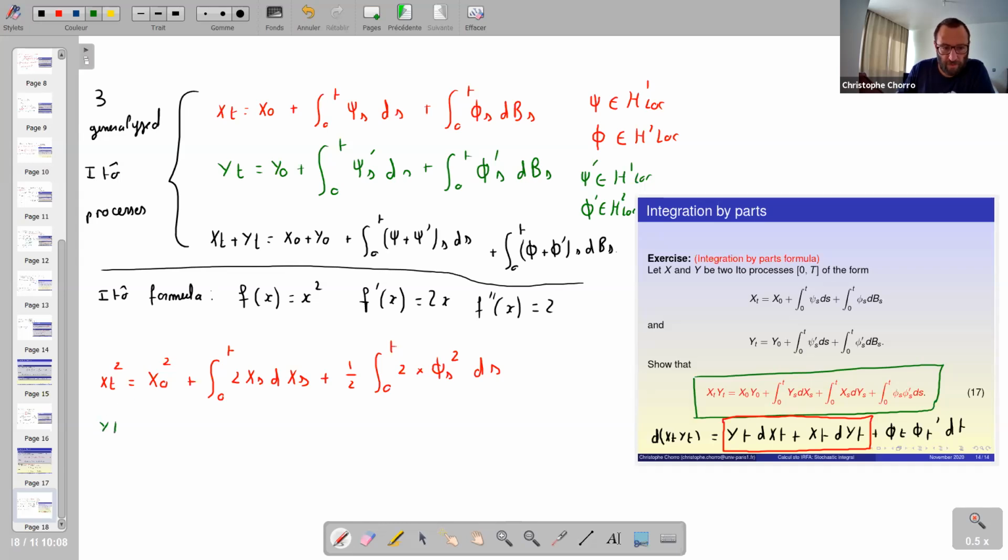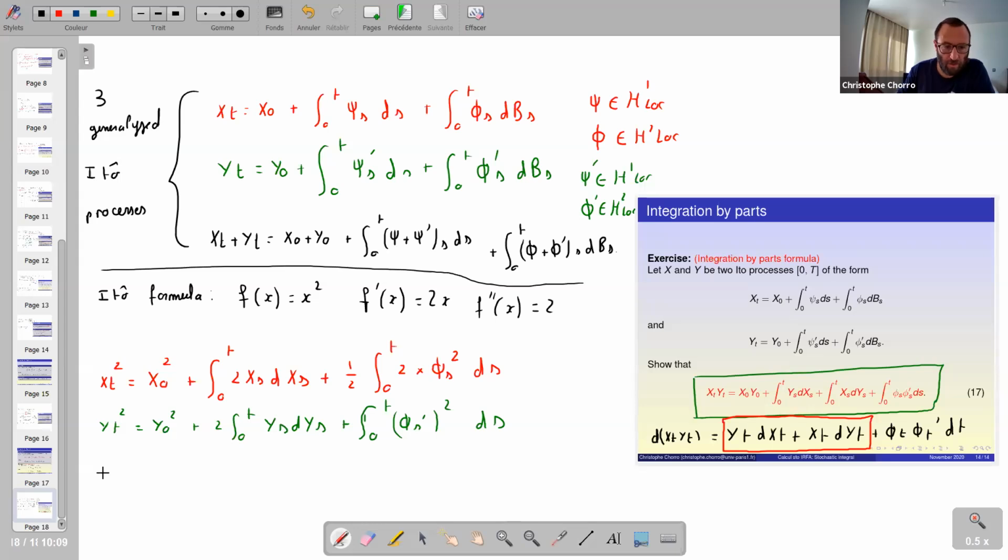I do exactly the same for y. If I do the same here, I obtain simply the integral between 0 and t of phi prime of s square ds.